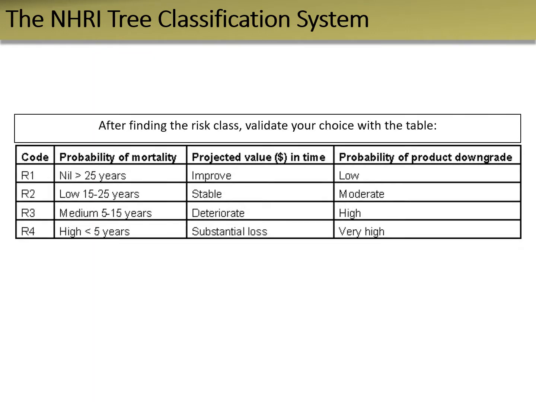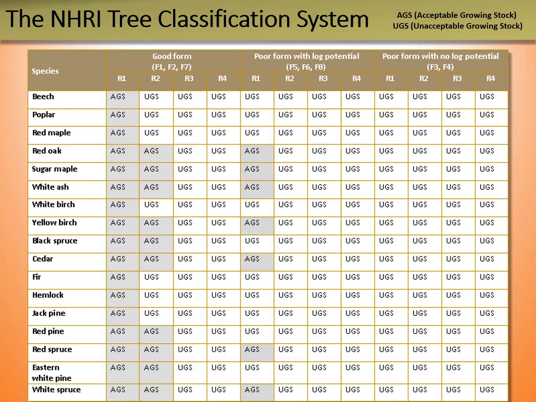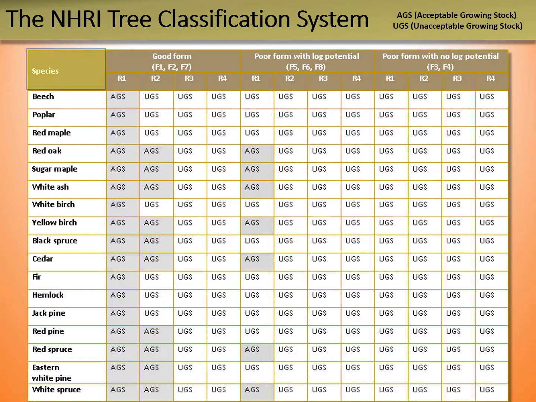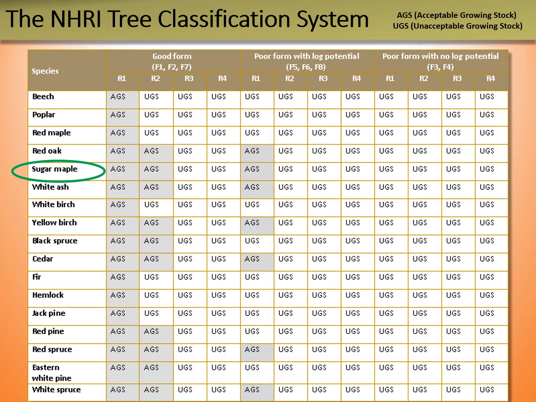After finding the risk class, validate your choice with the table. This table can be used to determine AGS and OGS from combinations of species, form, and risk classes. For example, a sugar maple tree of good form, let's say F1, and relatively healthy, let's say R2, will be an AGS.